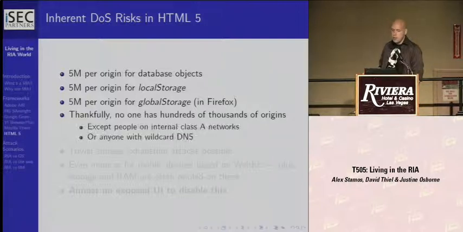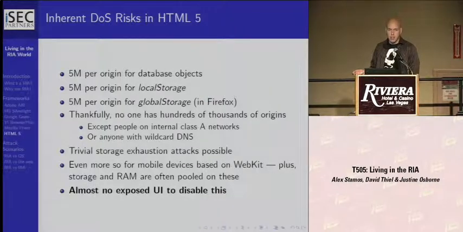So you have 15 megs per origin, and anybody that's got wildcard DNS or a whole bunch of names or is on an internal network can fill up your hard drive pretty quickly, depending on your hard drive capacity, in 5 minutes to, say, 10 minutes. You can make this stuff grow out of control really quickly.